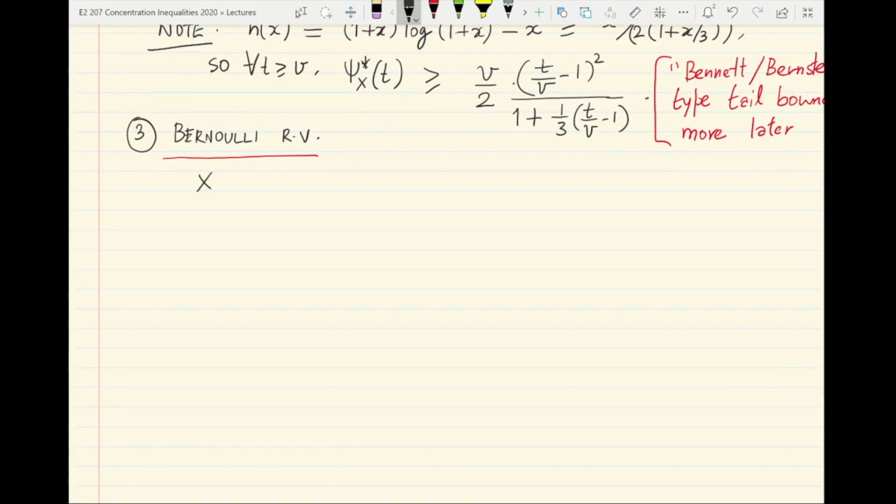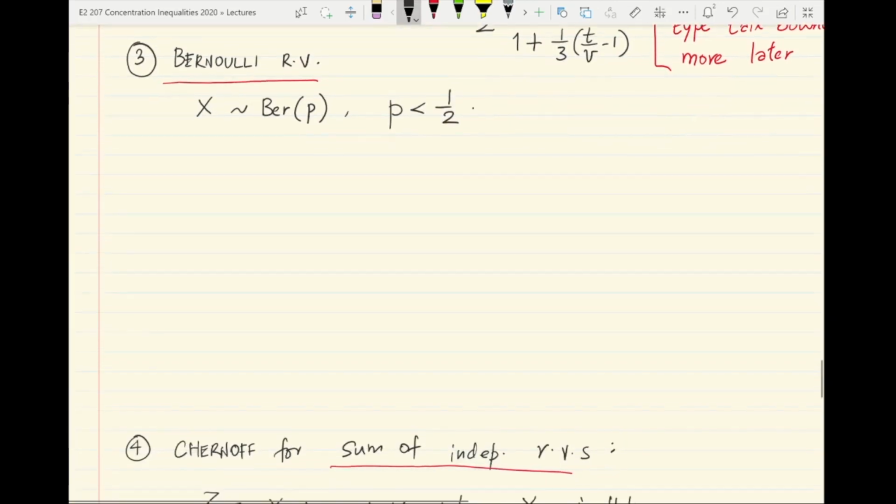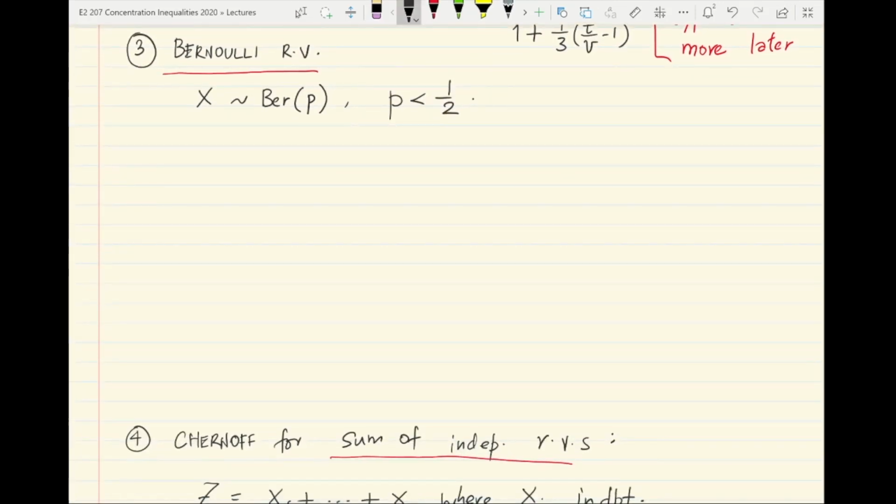So let's take x as being Bernoulli distributed with parameter p, and without loss of generality we will take p to be less than half. So you can do the calculations to see that Cx, the log moment generating function of x, is simply log of p e to the lambda plus 1 minus p.